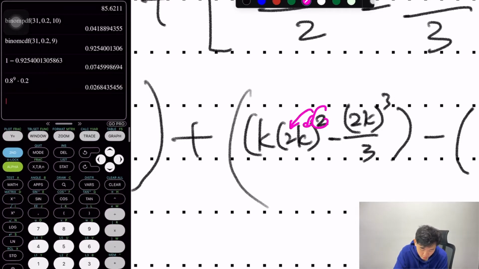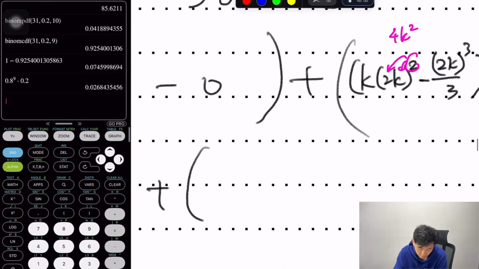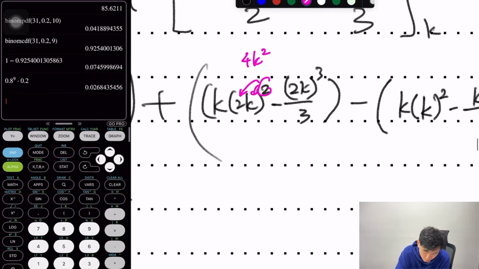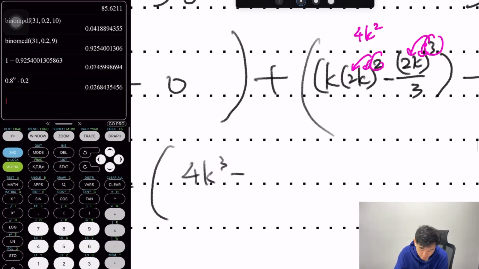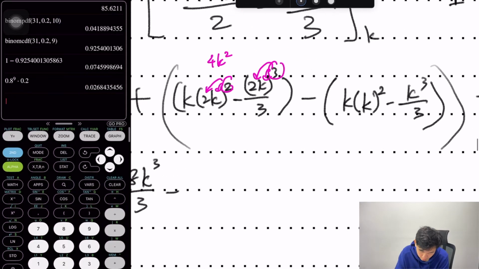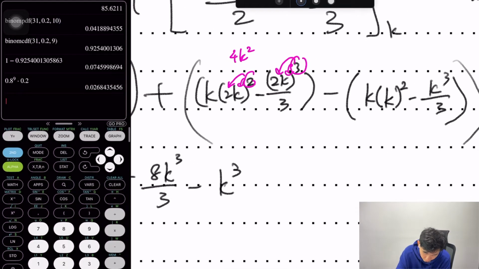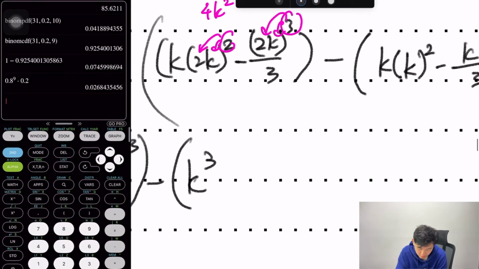This is actually 4k squared, so that's going to be 4k cubed. Then minus, again, you distribute the 3 to the 2 to the k, which is 2 to the power 3, which is 8: 8k cubed over 3. Then you're going to minus k to the power 3. Use brackets if you don't want to mess up the whole thing. So minus k cubed over 3.